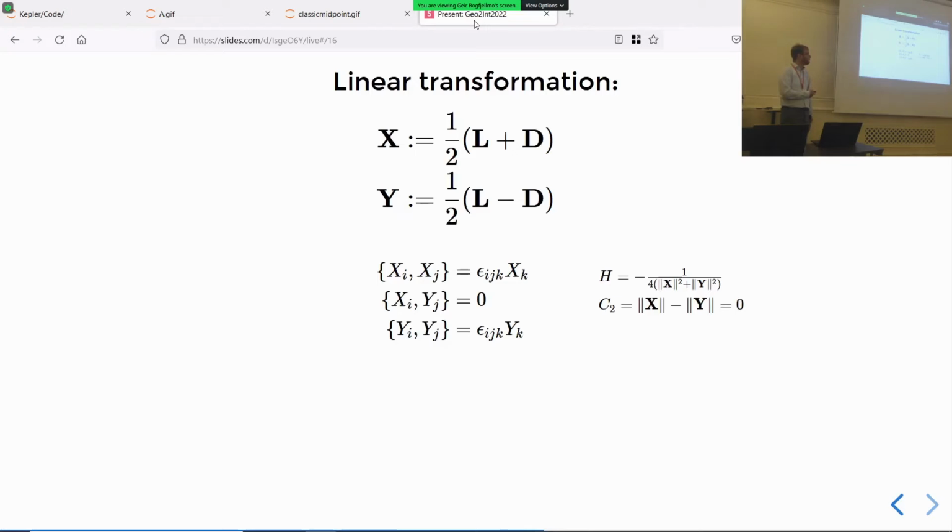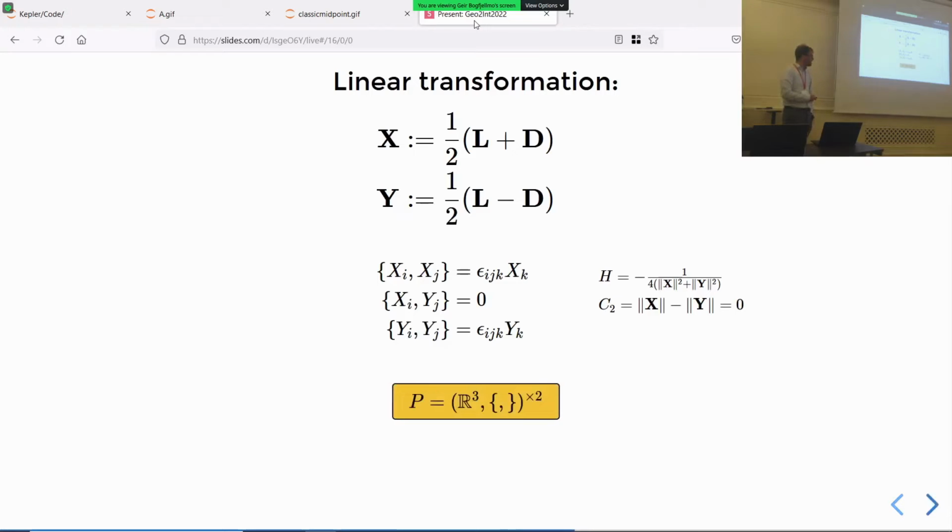And now we're quite happy, because these brackets here are exactly the bracket on R3 with this triple vector product Poisson structure.